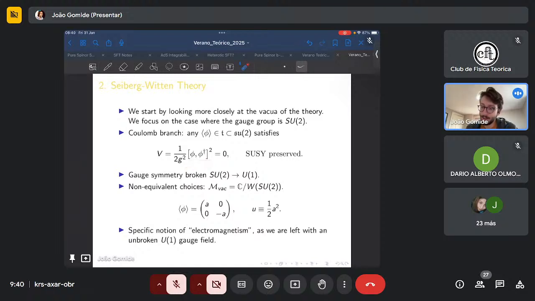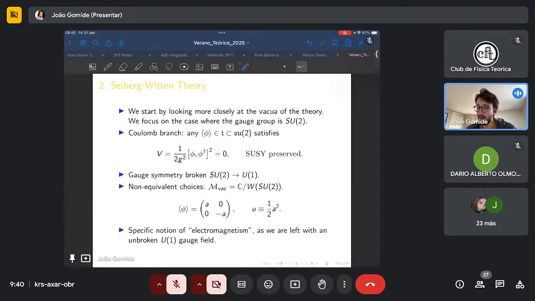And here I've written down what this particular generator, or this particular vacuum configuration, is. It is just given by this 2 by 2 matrix here, where A is some number. There are a few inequivalent choices for this. You can have rotations, or you can change A to minus A and so on.